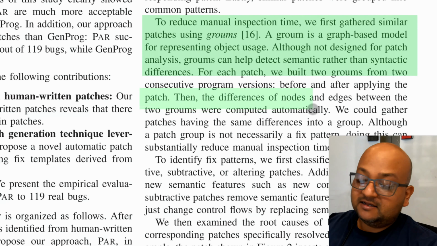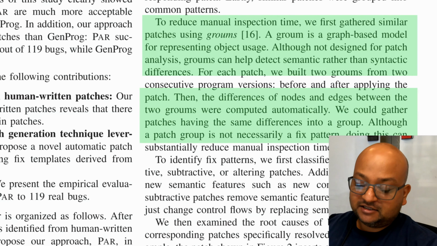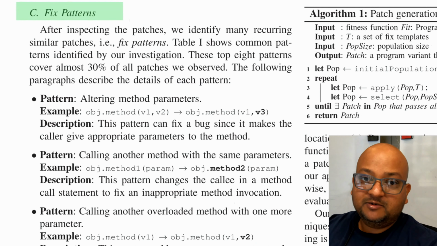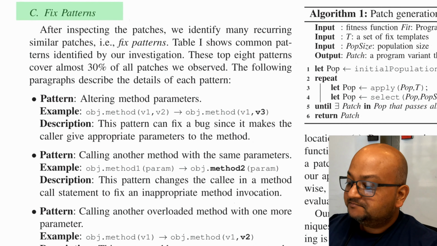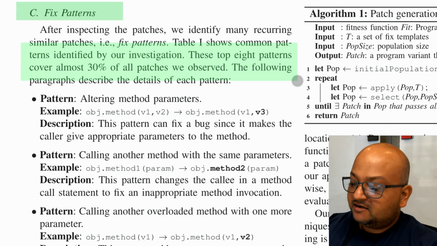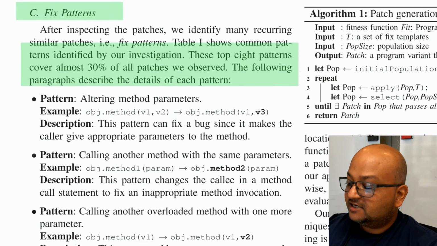They then look at the difference before and after the patch. And from this analysis, they notice several common what they call fixed patterns, and they notice that the top 8 of these patterns cover about a third of all the patches that they looked at.